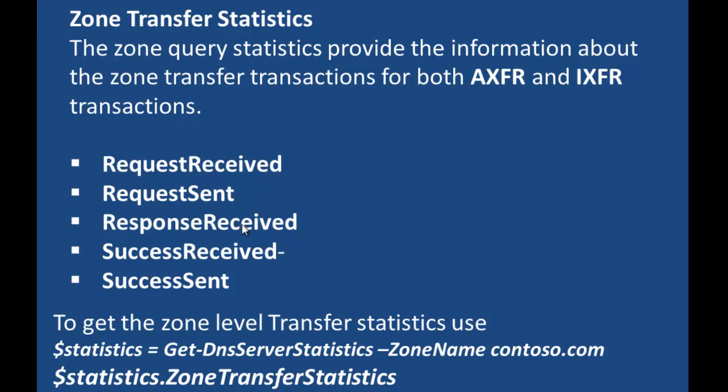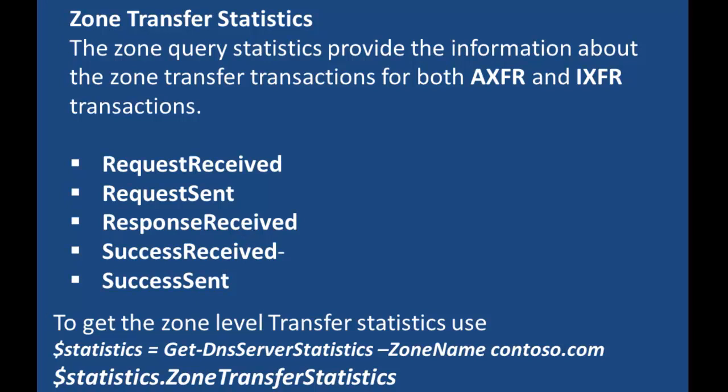Then we have the response received. That would be the total number of zone transfer requests received by the DNS server when operating as a secondary server for a specific zone.